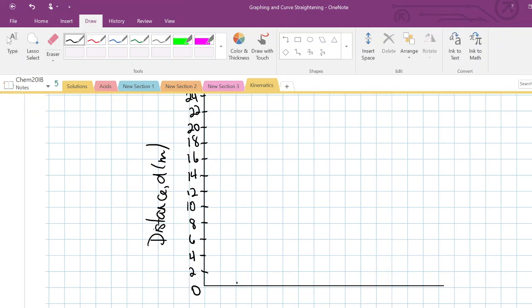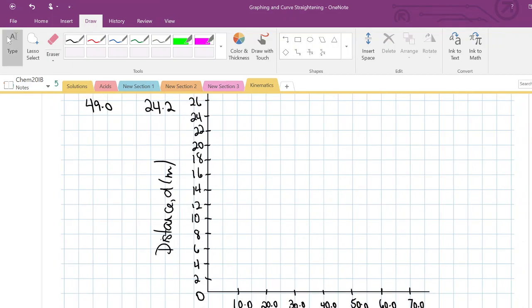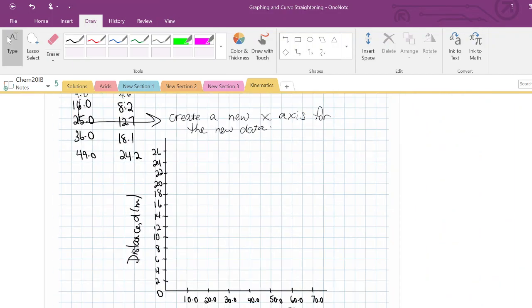And because I've still got axes, I'm going to continue labeling until I run out of space. So I can keep going up until 70. And now we're going to plot this data. So I'm just going to make this slightly smaller so I can see the data up above here.